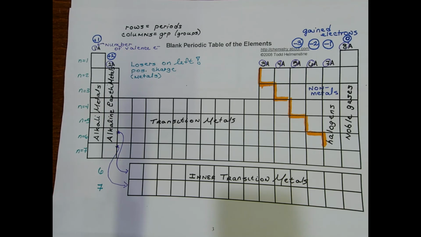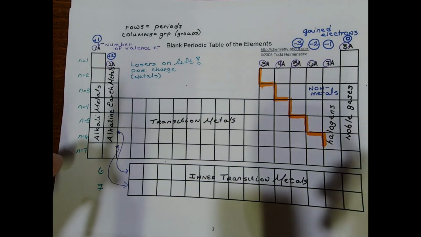There is that stair in between, and that stair is occupied by elements that don't exactly look like metals, and they don't exactly look like noble gases. So those are going to be our metalloids or semi-metals. Examples include the silicon that we were just talking about.